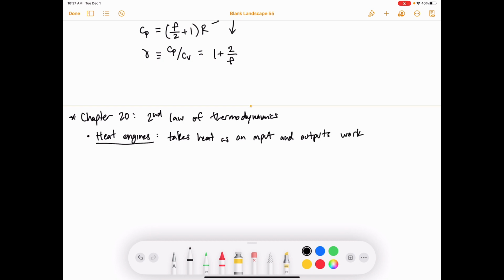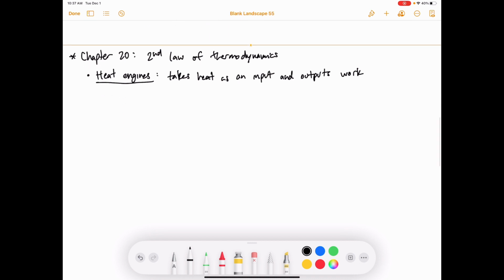And the basic schematic of any heat engine looks something like this. You have a high temperature region where the temperature is TH. You have a gas, which is what's performing the work in your heat engine, typically by pushing a piston in and out. And then you have a low temperature region, TL, down here.